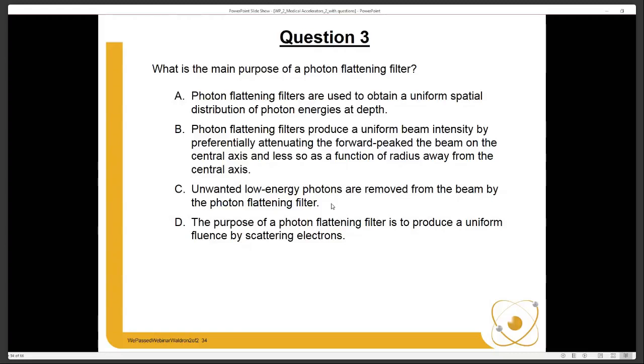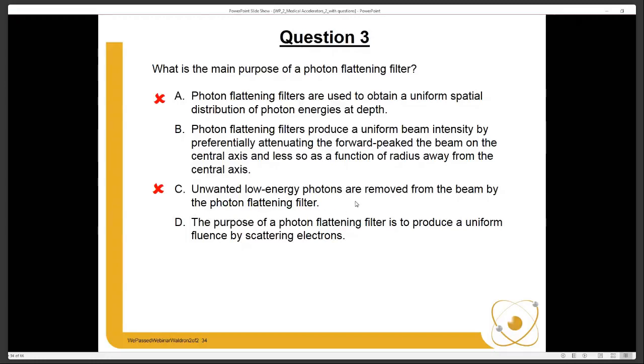Okay, well, let's see. The main purpose of a photon flattening filter, and of course, two of these are deliberately ambiguous and two are silly. Is it to obtain a uniform spatial distribution of photon energies at depth? Well, no. We can't really obtain a uniform spatial distribution at any depth. This is the one that's ambiguous, of course. Is it that unwanted low-energy photons are removed from the beam by the photon flattening filter?